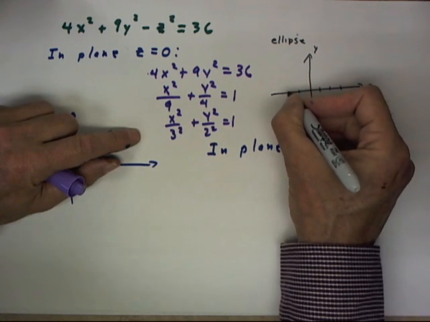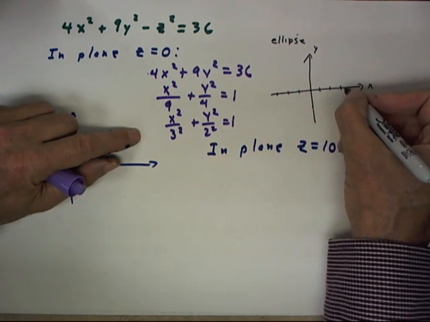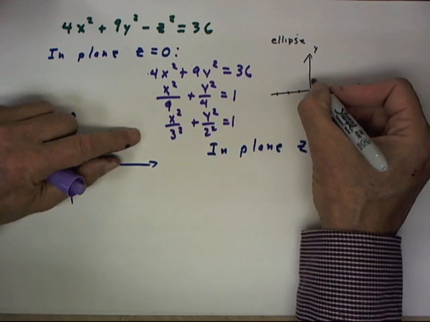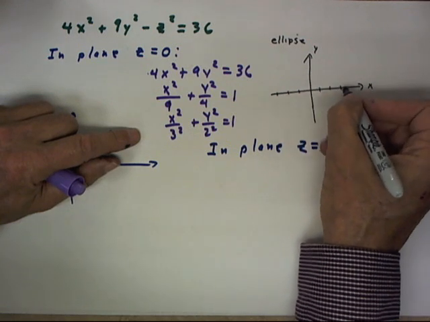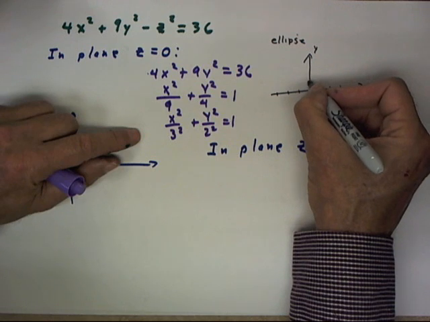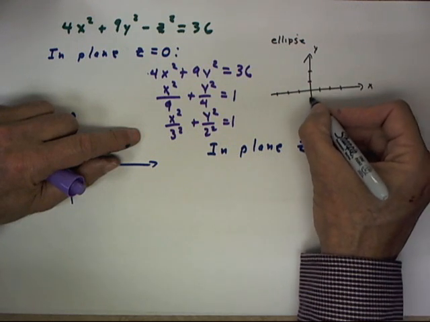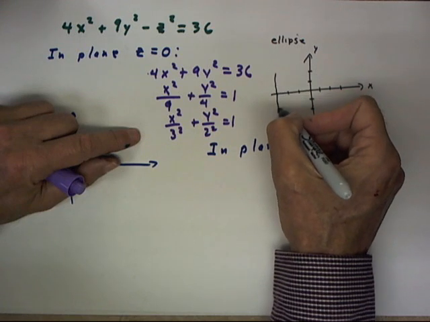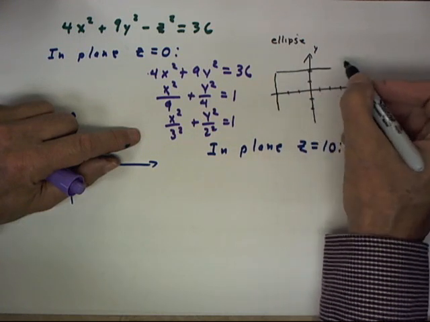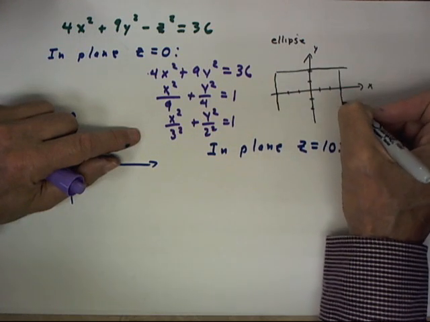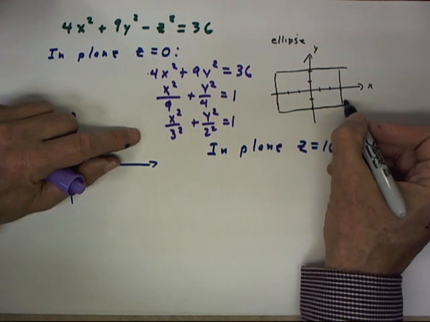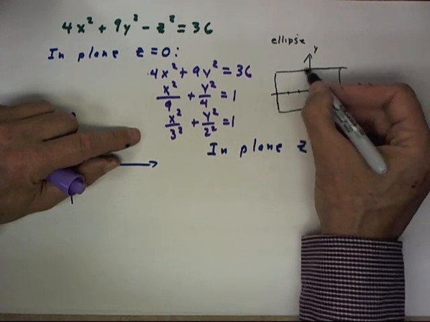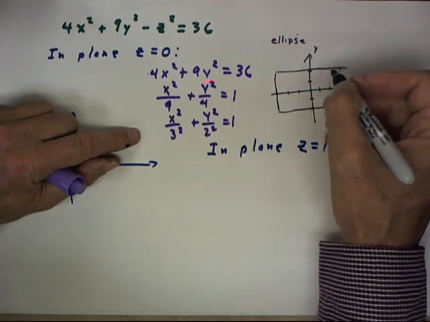We move 3 units from the origin in the positive x direction, 3 units in the negative x direction, 2 units in the positive y direction, 2 units in the negative y direction, and we construct a rectangle that's 6 units by 4 units.